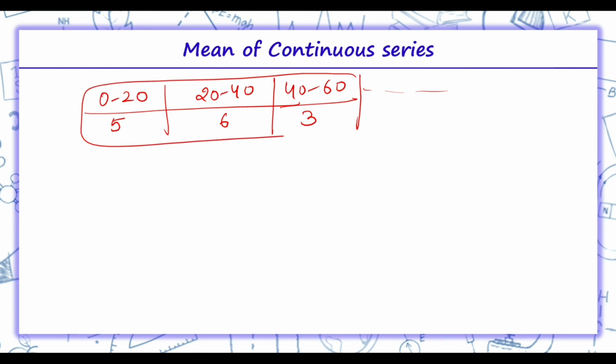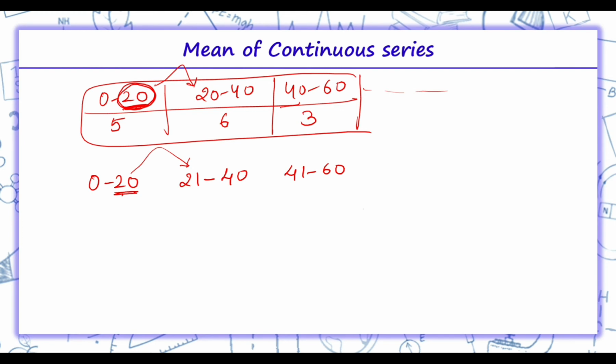When this type of series is given to us, this is known as continuous series. Sometimes what happens, like I have written over here 0 to 20, but over here it becomes 21 to 40 and then it becomes 41 to 60. This series is not continuous because it is ending at 20 and then starting at 20, but over here it ends at 20 but starts at 21. So we have to convert it into continuous.